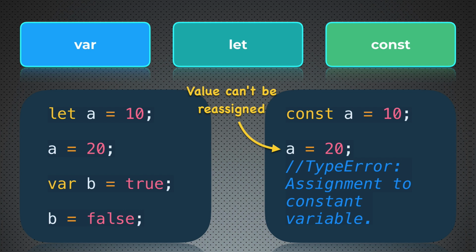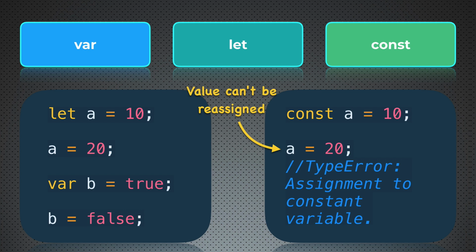And in that section, we will perform deep dive into what happens under the hood when you create variables using var, let, or const. For now, you should keep in mind two following principles. With var and let, you can declare a variable and later on assign value to it. With const, it's not possible.